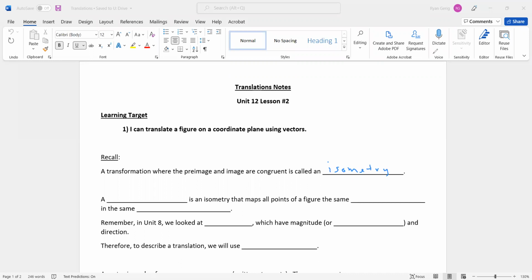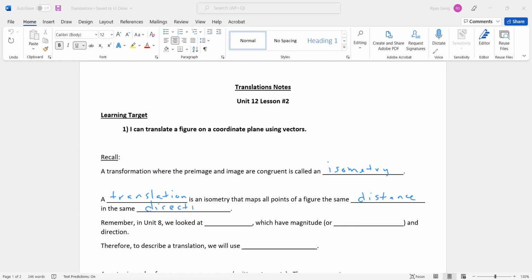So a translation is an isometry, there it is, that maps all points of a figure the same distance in the same direction.